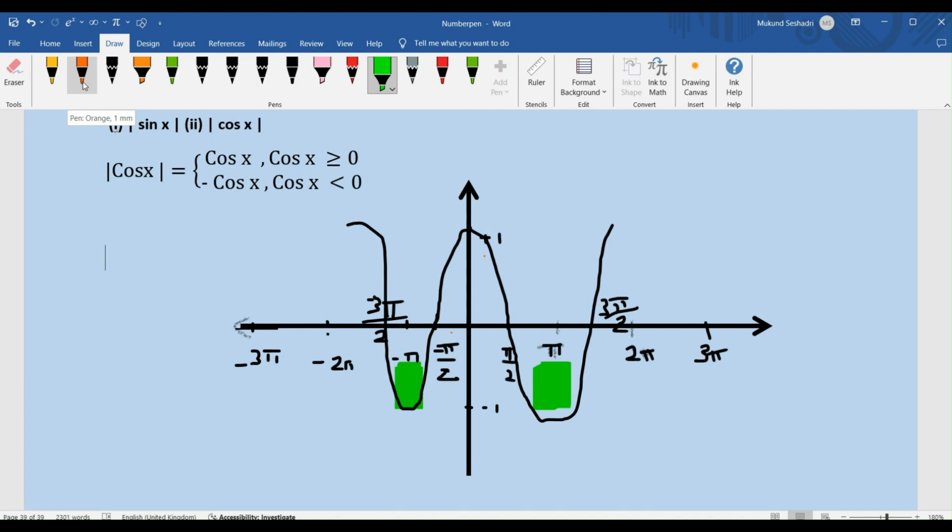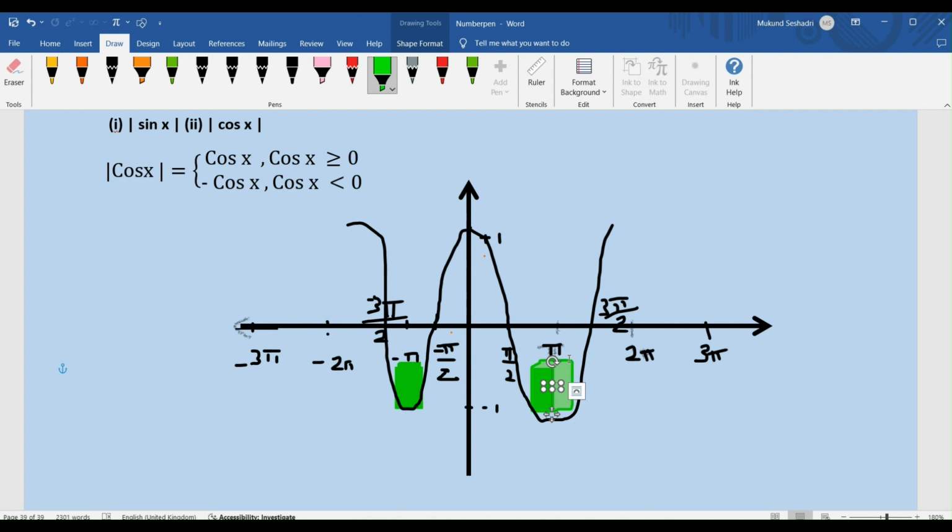So in the open interval pi by 2 and 3 pi by 2, and similarly minus pi by 2 to minus 3 pi by 2. So these regions, when mod of cos x equals minus cos x for cos x lesser than 0, means the regions highlighted in green will now just undergo a switch in direction, right?